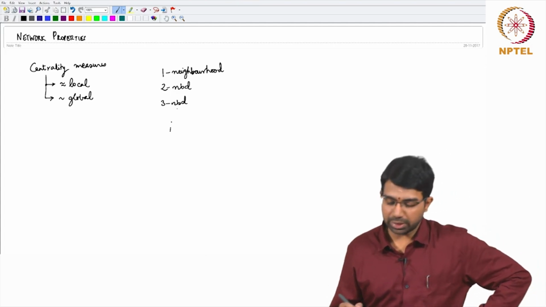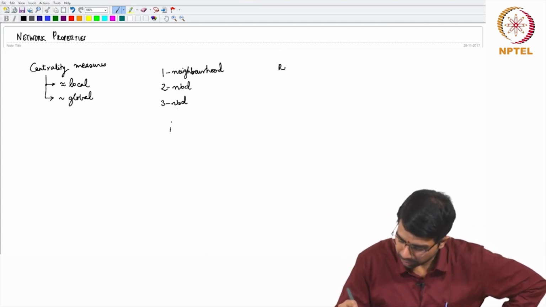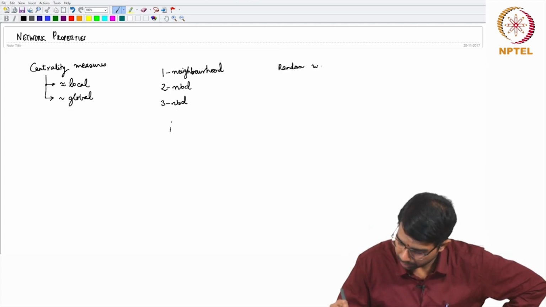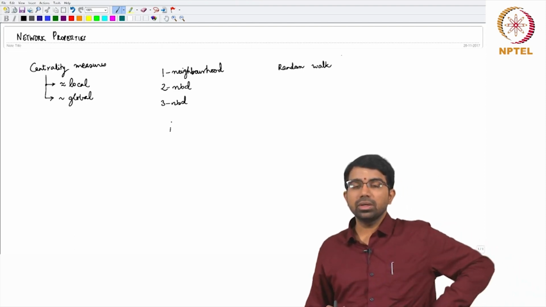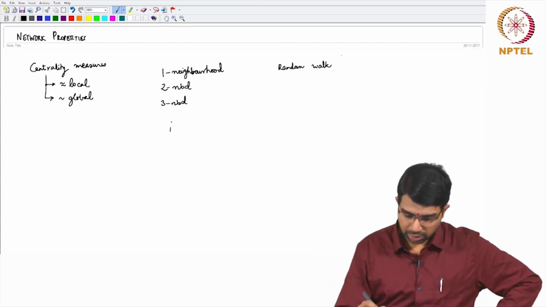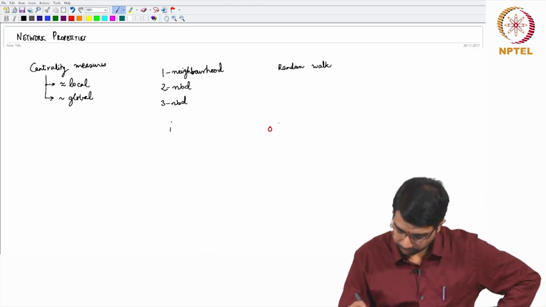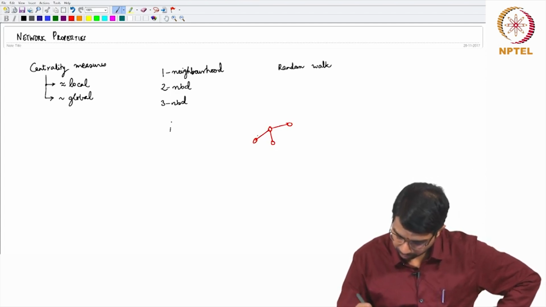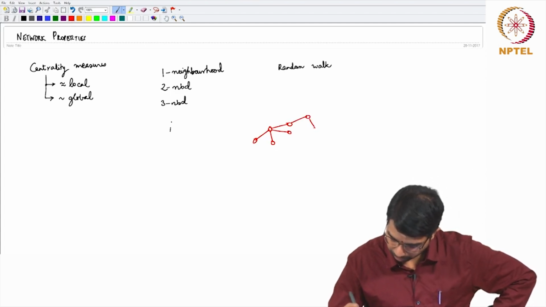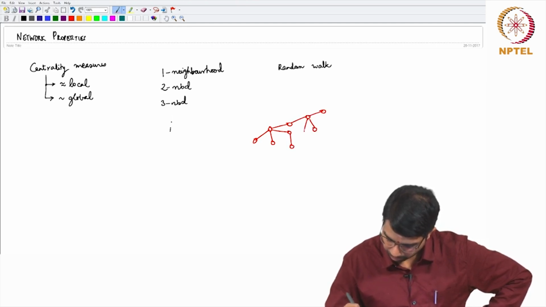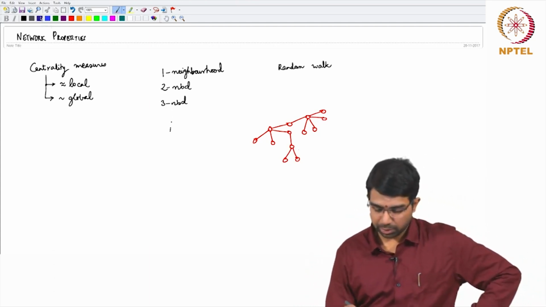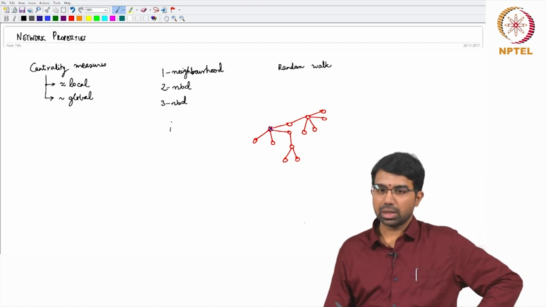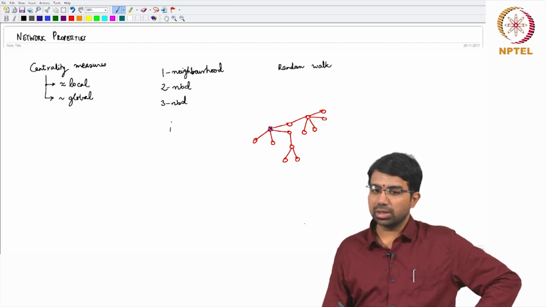Another very useful property is, let us look at a concept, and I will come back to the property in a moment. What is a random walk, right? Let us start with a graph. Right, and you could basically start somewhere on this graph, maybe let us say you start here, and what happens when you do a random walk?